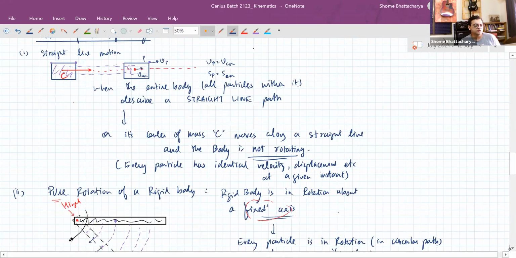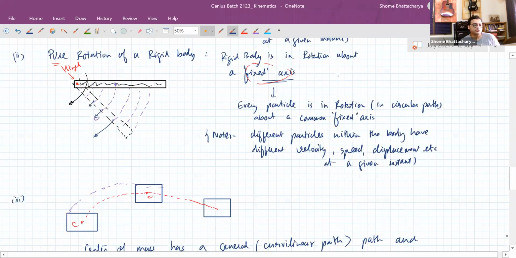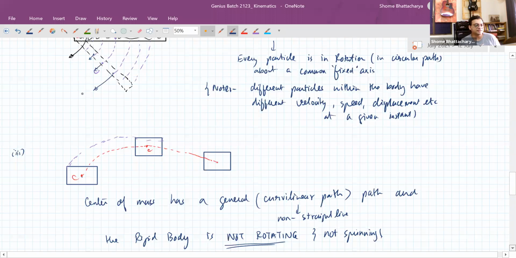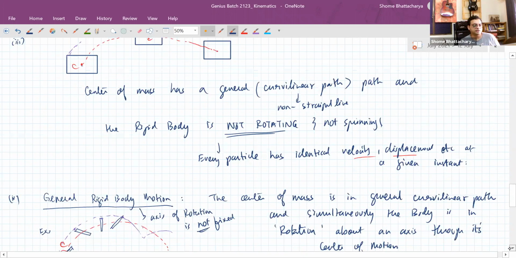But if you come to this second example, even about the center of mass you can see there's rotation happening. So this is not an example of pure translation. But the third example is also an example of pure translation because while the center of mass is not in straight line motion, if you fix yourself to the center of mass, you're not seeing the rigid body in rotation about the center of mass. The rigid body is remaining fixed in its orientation. It's not rotating about the center of mass. So that's also an example of pure translation.